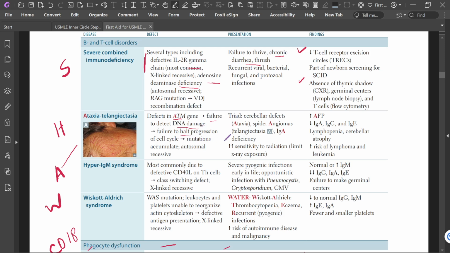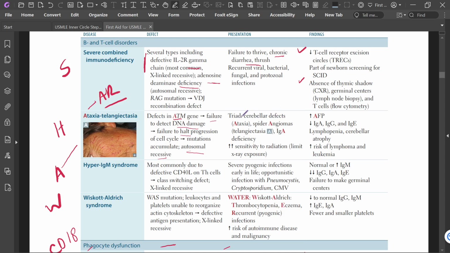There is mutation accumulation, and it is autosomal recessive. So in here there is a defect in the ATM gene, and it fails to detect the DNA damage.